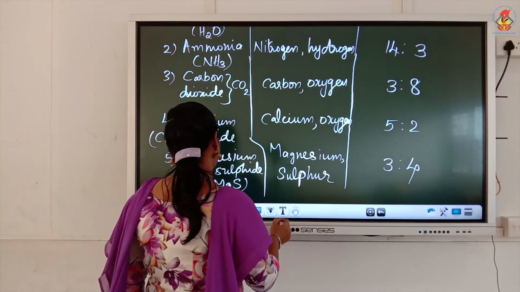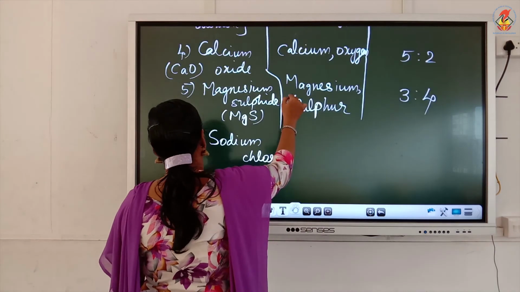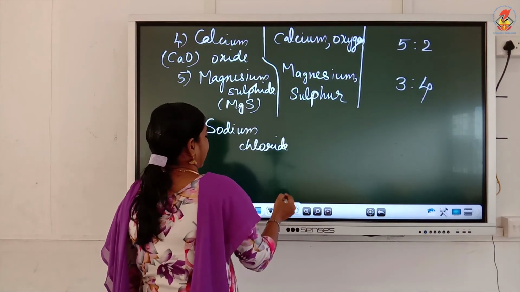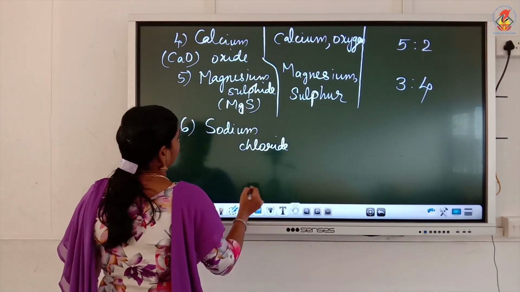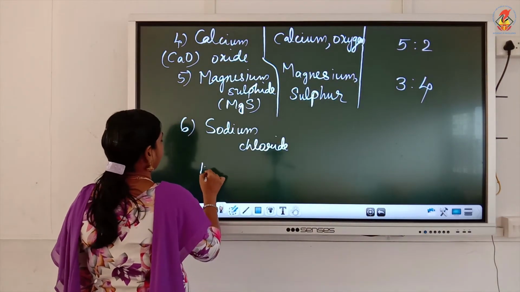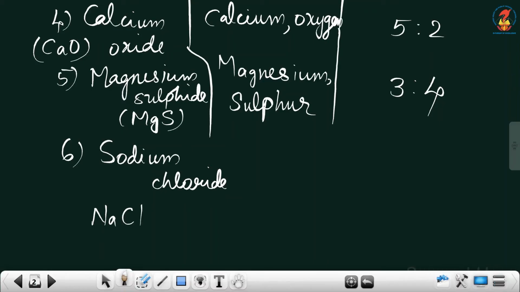Then the last one is sodium chloride. Which are the elements present in sodium chloride? The formula is NaCl. When you are writing Na, N should be capital, and in Cl, C should be capital.